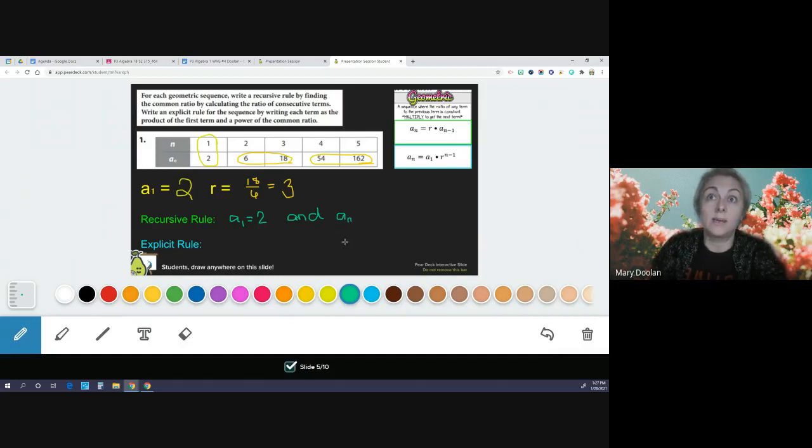And when I say sub n, it means it's a little n. And then we're using this rule up here. So all we've got to do is multiply the common ratio, r, which is 3, by the term a sub n minus 1, because that's what we see here.